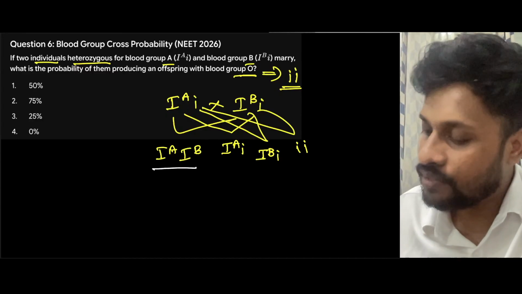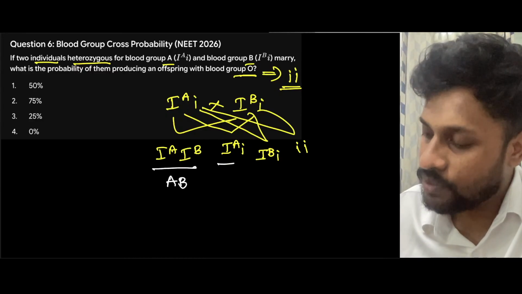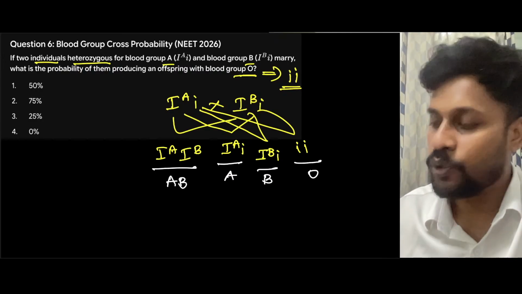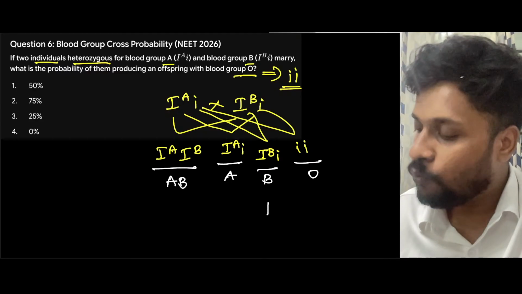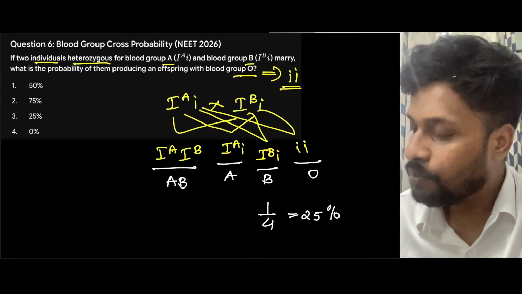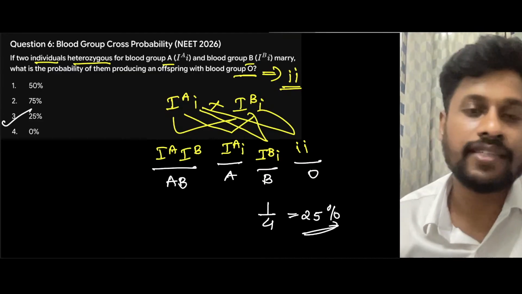Guys, what will be coming here? This is AB blood group. This is A blood group. This is B blood group. And the final one, O blood group. What is the probability of O? 1 out of 4, which is 25%, right? Option 3 is the answer.